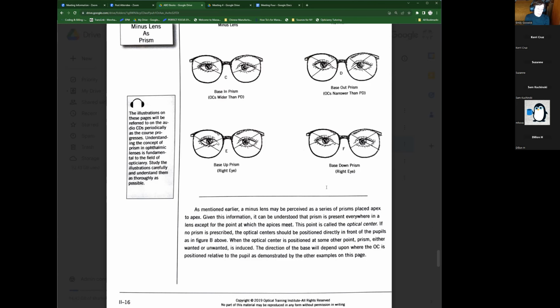The other thing that they mentioned was that plus is always going to be magnifying and minus is always going to be minifying. So I think that's fairly straightforward. But if you think about looking through, like, why can I not think of the word?